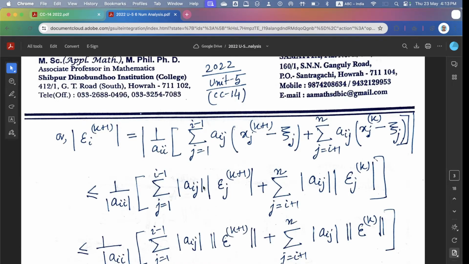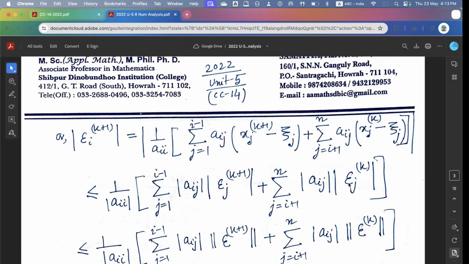So this is less than or equal to 1 by modulus of aii times summation of modulus of aij times modulus of epsilon_j^(k+1), the error for the (k+1)th iteration, plus modulus of aij times modulus of epsilon_j^k.